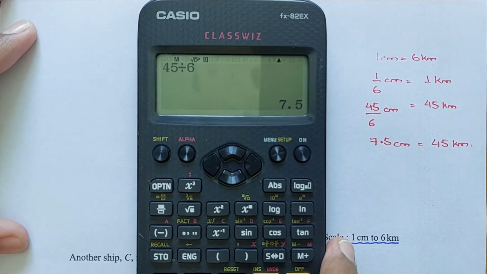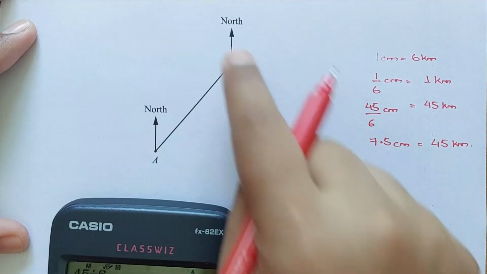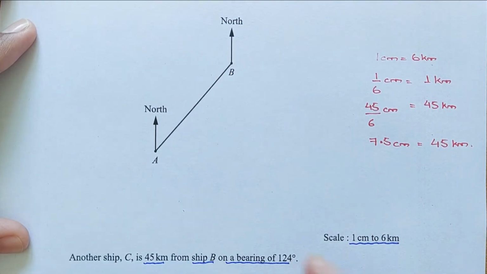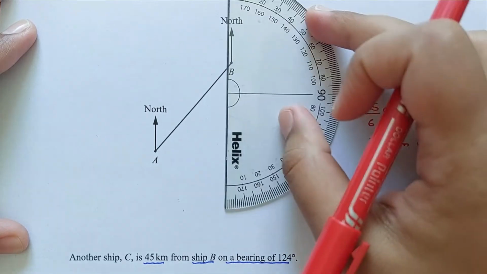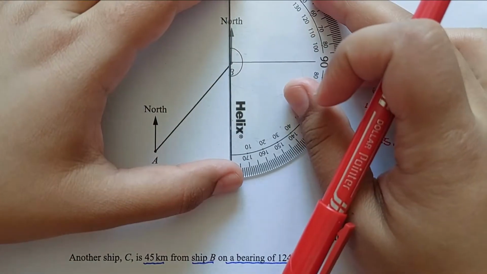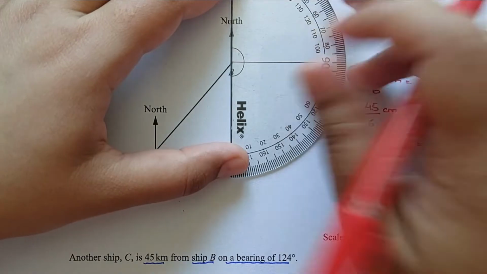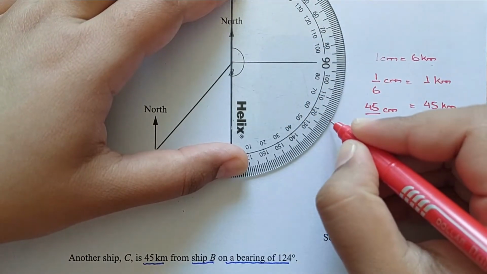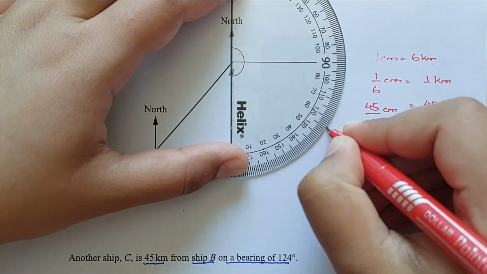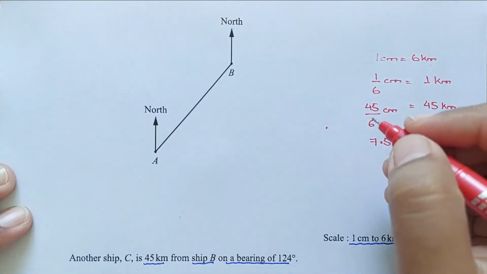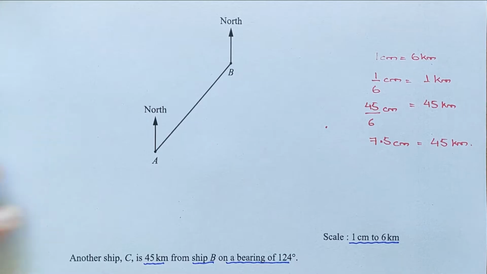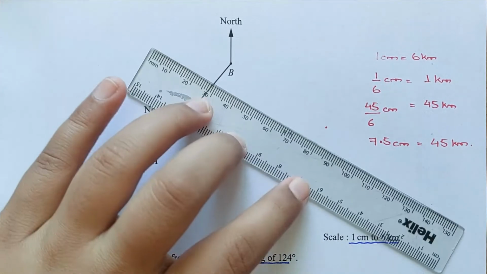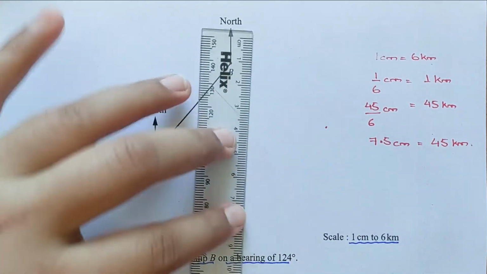So we have to draw the line of 7.5 centimeter from B, but we have to first calculate the bearing of 124 degree, right? From B, the bearing we have to calculate. So this line from the north to this, we have a 90 degree, and then we have 120, 125. This is 124 degrees. All right, now draw the line of 7.5 centimeters.